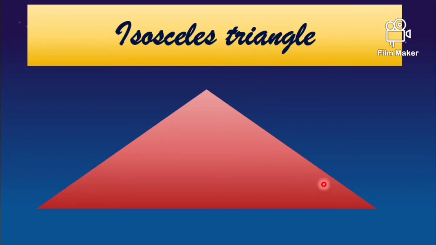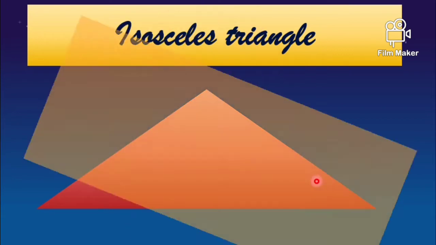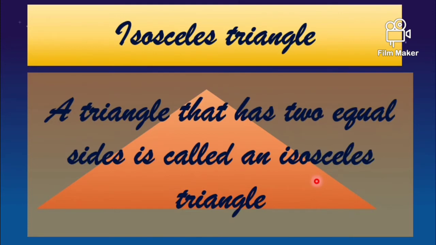So what is an isosceles triangle? A triangle that has two equal sides is called an isosceles triangle. As you have seen in the triangle that these two sides are equal and one side is different in length. So if the two sides are equal, that type of triangle is said to be an isosceles triangle.